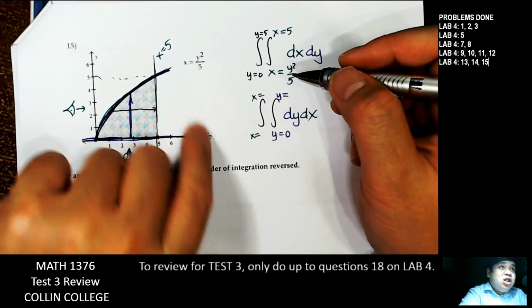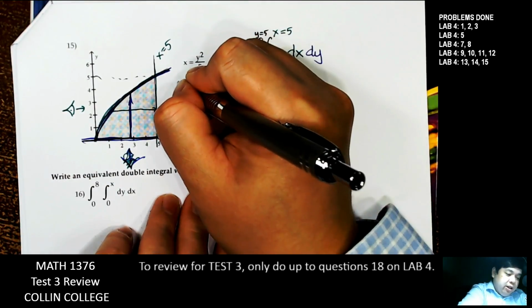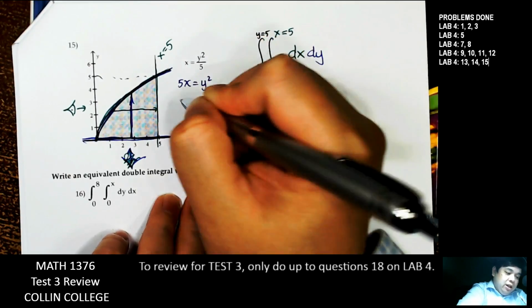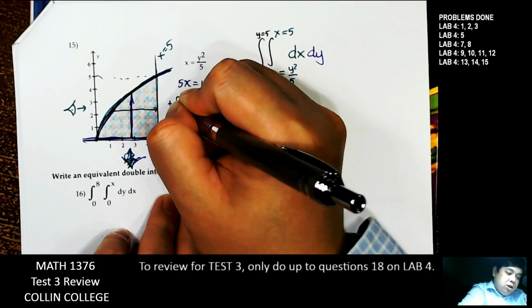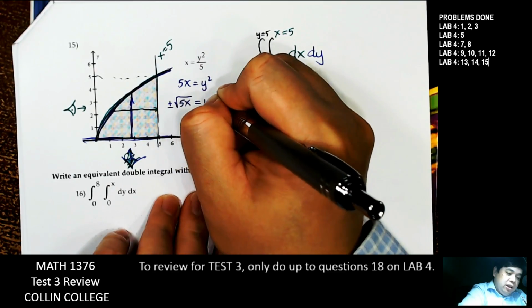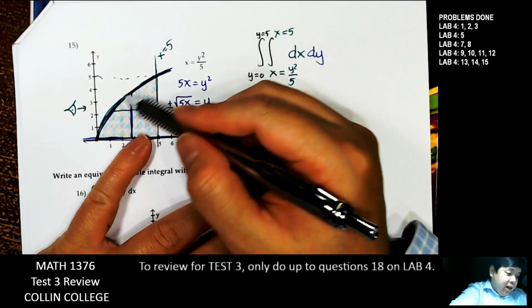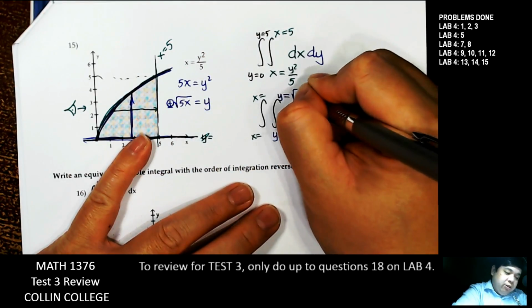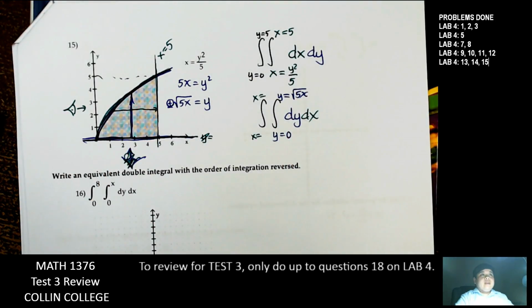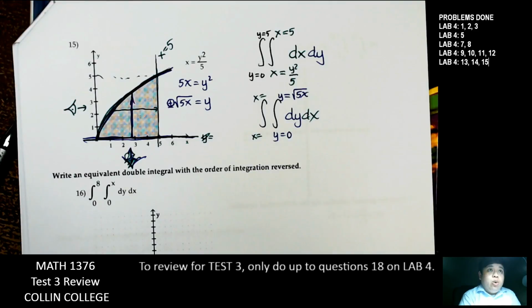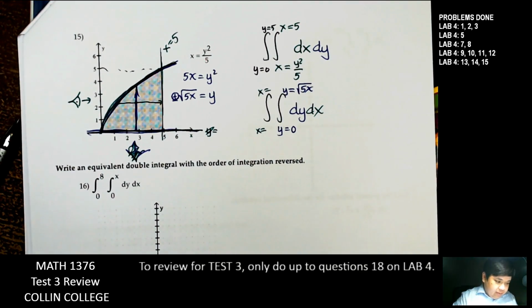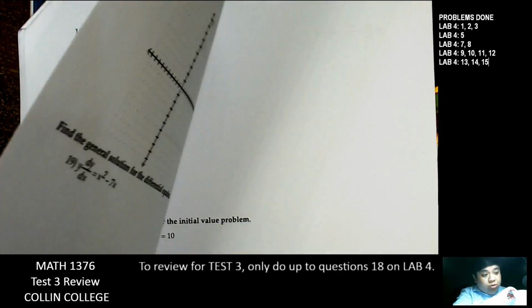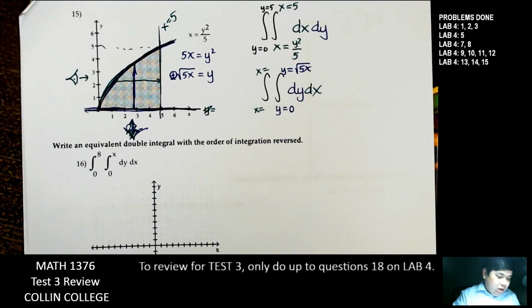So if x equal to y squared over 5, we have 5x equal to y squared, and taking the square root on both sides, that's plus or minus the square root of 5x for y. Since y takes only the positive values, we choose the positive, and we're going to put the square root of 5x there. And either of these integrals would give the same values. You can verify, do them both. We should get the same thing. In fact, we should always try to look at it both ways like this.